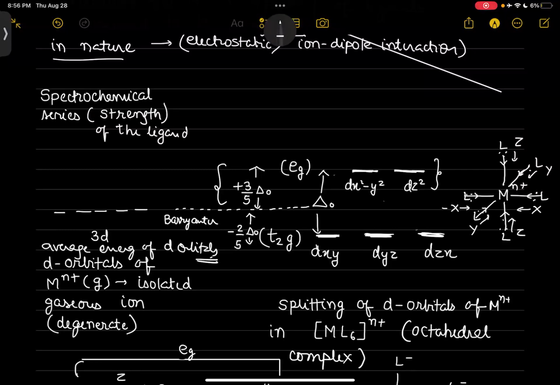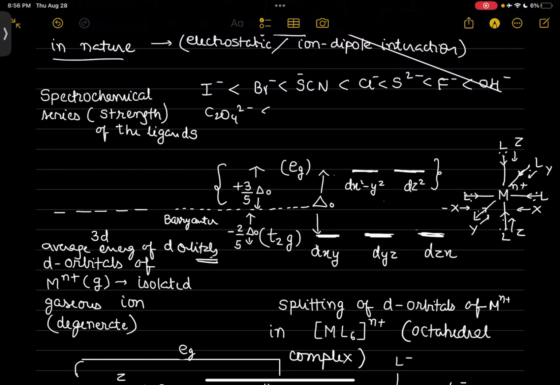So this is basically from CFT, not from VBT, but we have included it, and we have seen I, Br, SCN, Cl, S, F, OH, oxalato, aqua, and you have nitrogen ligands.